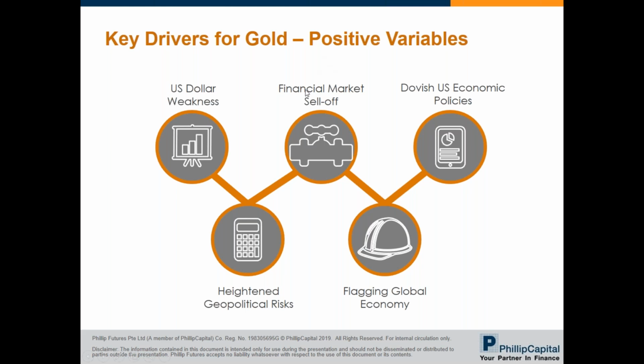Thirdly, we look at financial market sell-off. All this uncertainty is also likely to boost consumption for gold, and a flagging global economy continues to weaken. We have seen that. It's our view that it's going to be a synchronized slowdown, a broad-based slowdown throughout the markets. Dovish U.S. economic policies: a hawkish Fed has boosted the dollar, right?